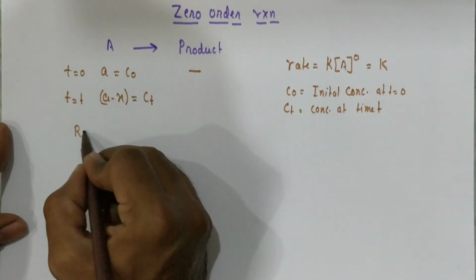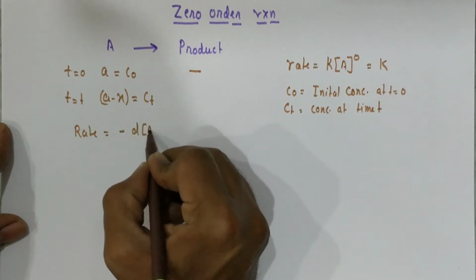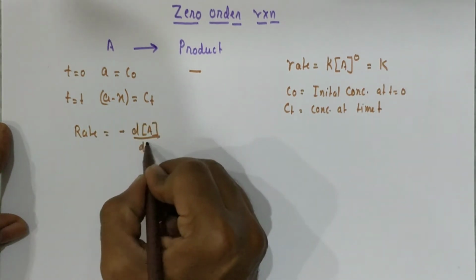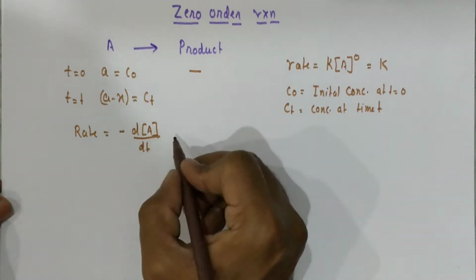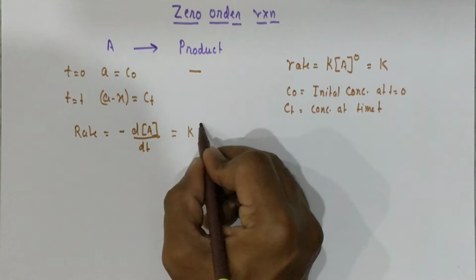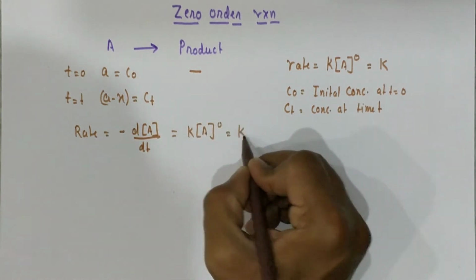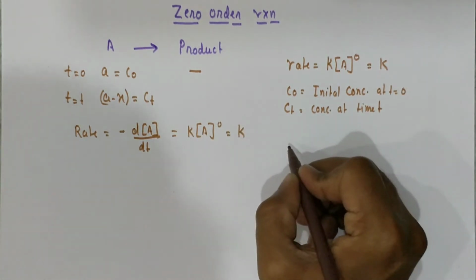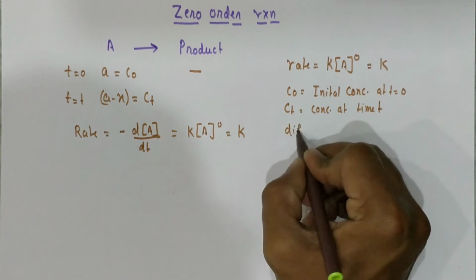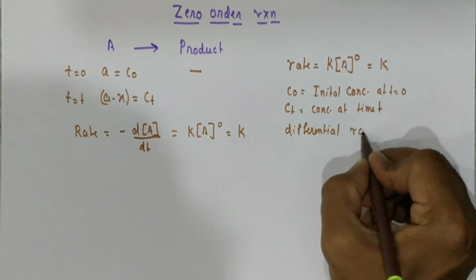So the rate of the reaction is minus dA upon dt, that is change in concentration of A per unit time, and that is equal to K into A to the power 0, that is equal to K. This differential equation is known as differential rate law.